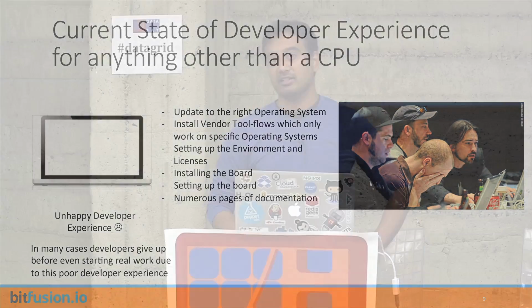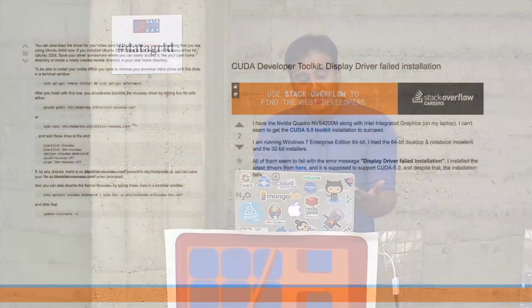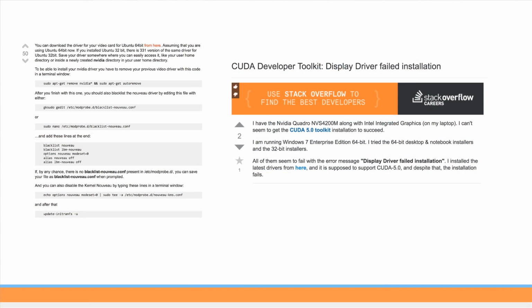I was talking to a guy who builds the compilers for the Qualcomm Hexagon chip, and I asked them, have you ever developed as a user on your chip? They said no. They write compilers for it at work, but they don't own the chip because it's really complicated to develop for.